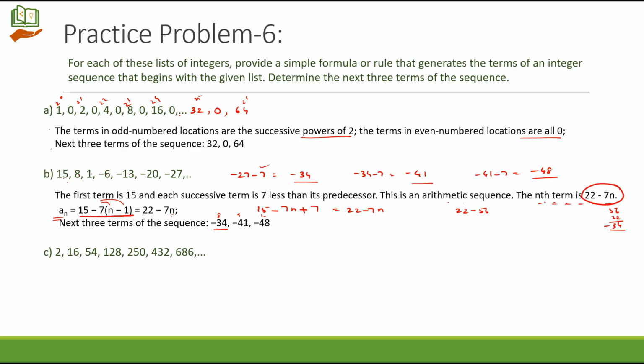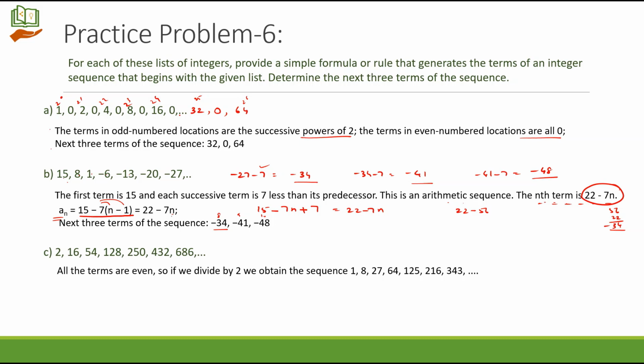The next problem, we have 2, 16, 54, 128, 250, 432 and 686. All these terms are even numbers. So if we divide by 2, we can obtain the sequence 1, 8, 27, 64, 125, 216, 343.